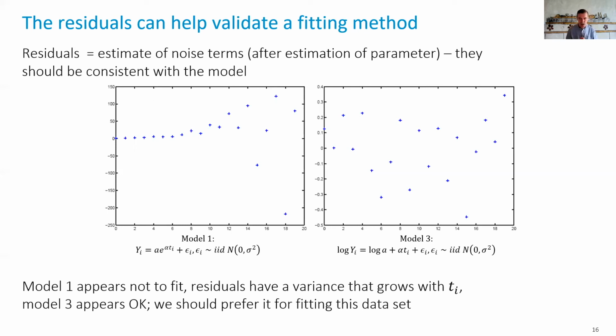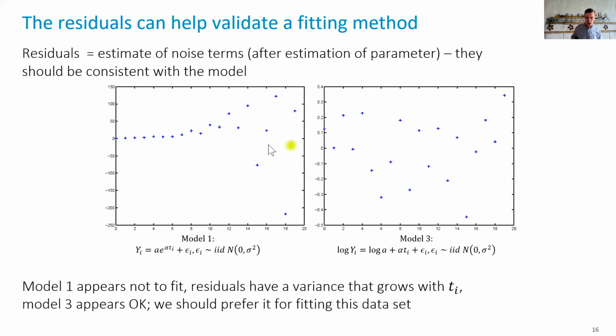But this will give us a method for discriminating between families, classes of models. For example, here between model 1 and model 3, in model 1, we say the noise terms are all independent and have the same variance. And we say the same thing for model 3, but the noise terms are computed differently.